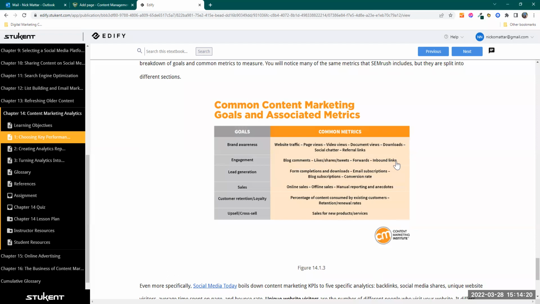But I will ask larger questions, such as, if your company's larger goal is lead generation, and they ask you to measure new sales, that doesn't technically match. That's kind of a gray area.